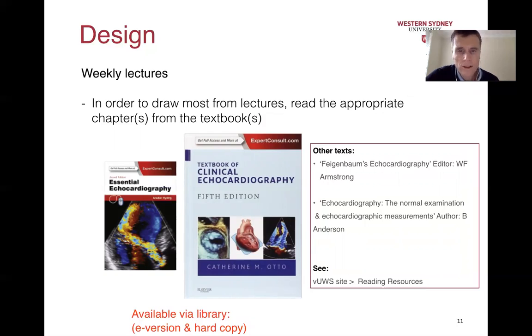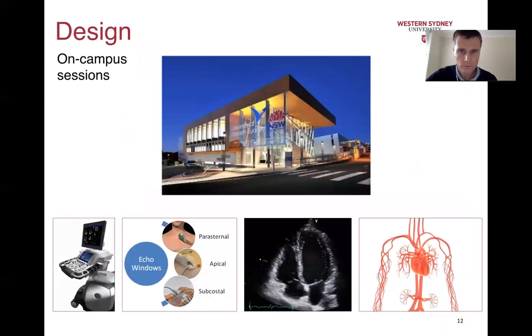You're welcome obviously to buy a hard copy, and I encourage you to do so. For each lecture I'll indicate where a lot of this material is drawn from, and which chapters, in particular of Catherine Otto's textbook, to read to reinforce the lecture material.